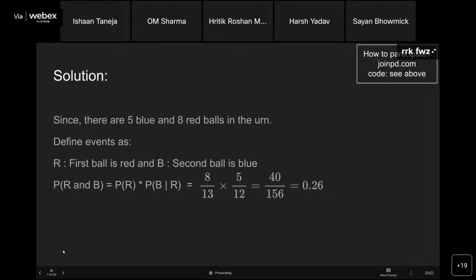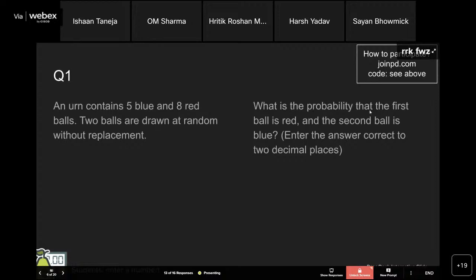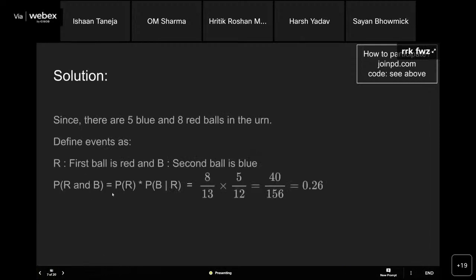The question statement here is: what is the probability that the first ball is red and then the second ball is blue? So it is basically the intersection of two events. The first event is drawing a red ball and the second event is drawing a blue ball, so it is R intersection B. Then we can use the multiplication rule.